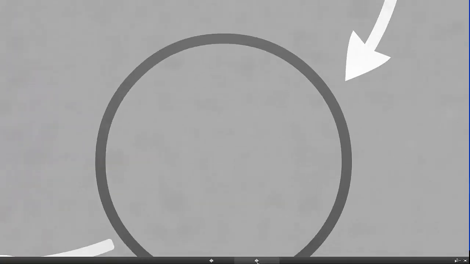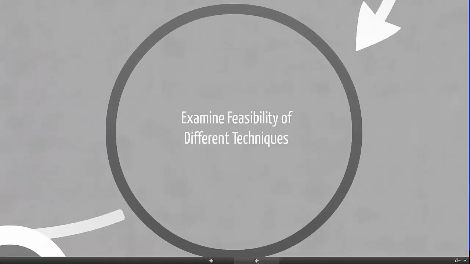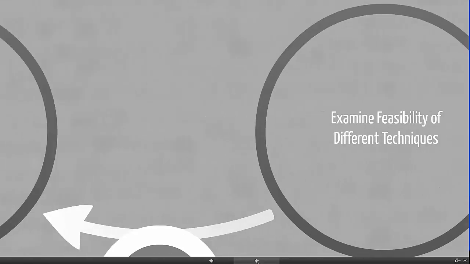The next step is related, and that is to examine the feasibility of different techniques. So now that you've classified your risks into critical, important, and unimportant, considering the frequency and severity of loss, you're going to consider the various techniques available and determine which is most feasible.